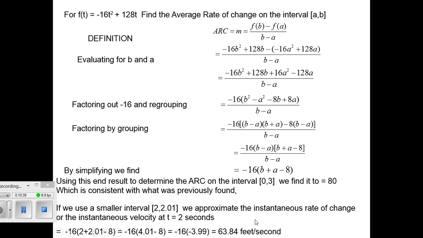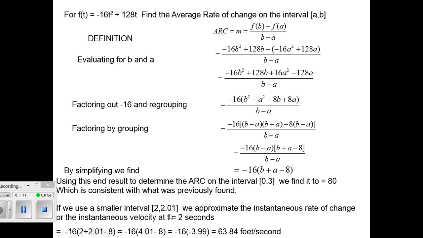Then we can use this formula, okay, with the b value of 2.01 and the a value of 2. So we plug those into our formula down here, and we come to a value which is very close to 64 feet per second, which would be, in physics as well as in calculus, the instantaneous rate of change.